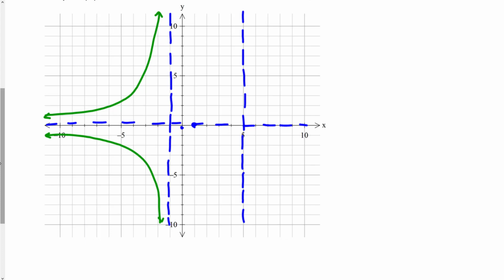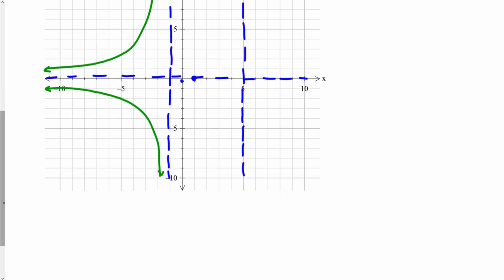So I just have to decide which one's which. A good way of coming up with that is through the use of a sign chart. With a sign chart, you put the locations of your asymptotes and your zeros, and then you pick a point in each interval. Depending on whether that point results in a positive value or a negative value, it tells you where your graph is going to be in that region.